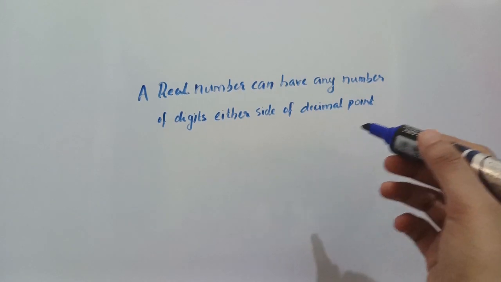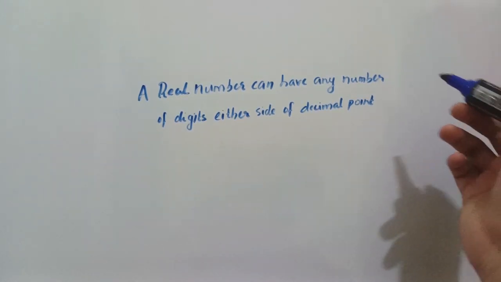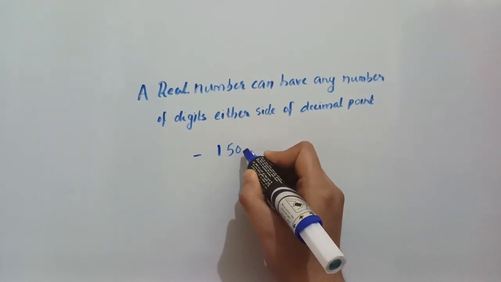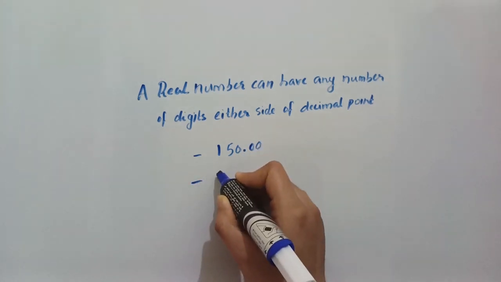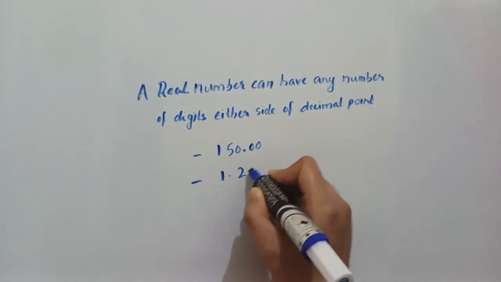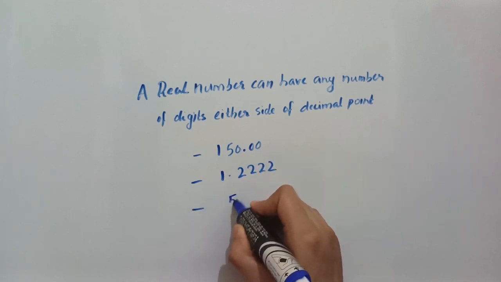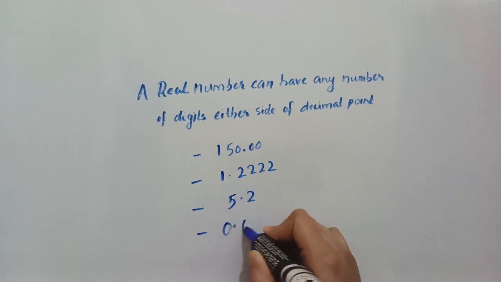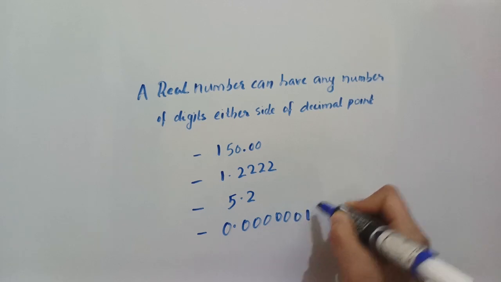A real number can have any number of digits on either side of the decimal point. We can write 150.00 or 1.2222 or 5.2 or 0.000001.